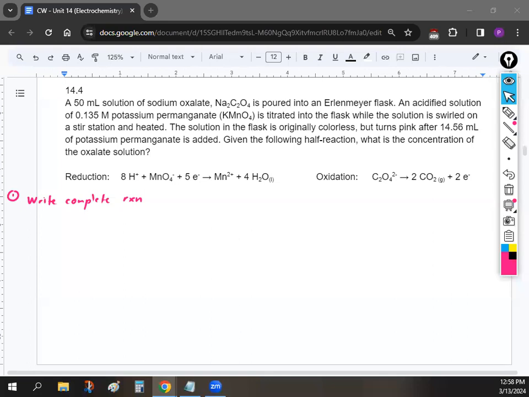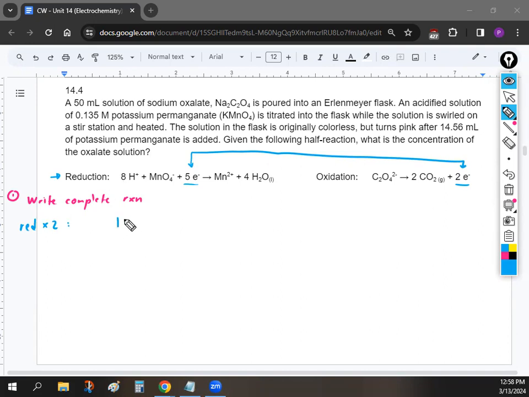Okay, so let's start with the reduction half reaction. If you take a look at the reduction half reaction, what number do we need to multiply this by in order to balance out the electrons? 2. Yeah, 2, because what's the lowest common multiple? 10. You want to get it to 10, right? So we're going to multiply the reduction reaction by 2.